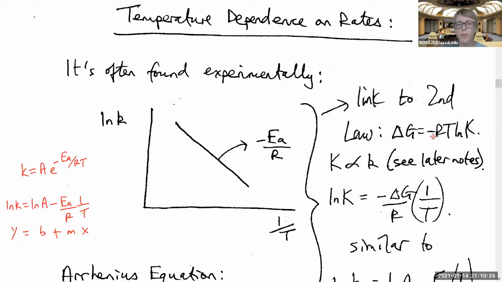It might become relevant a bit later when we look at the Eyring equation, but I just link it to, it looks similar in form to the Gibbs free energy equation that we'll see in due time.